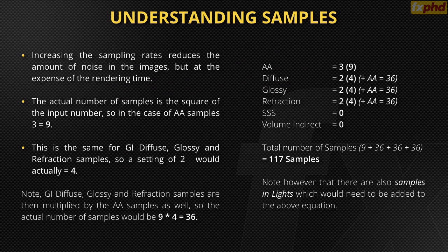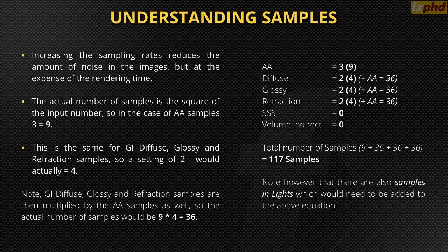Now this would be the same for the GI diffuse, glossy and refraction samples. So for instance, if we were to put in a number 2, we would actually get a number of samples being 4. Now it's important to note that the GI diffuse, glossy and refraction samples are then multiplied by the anti-alias samples, which in themselves have also been squared.